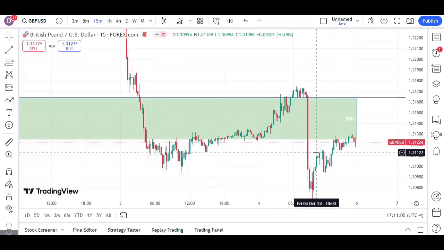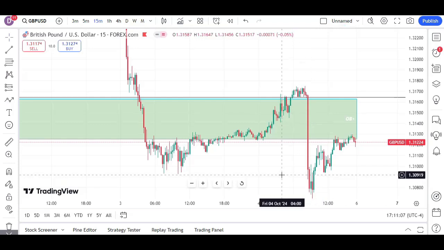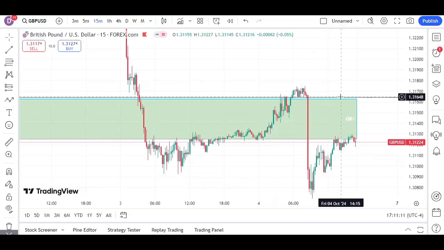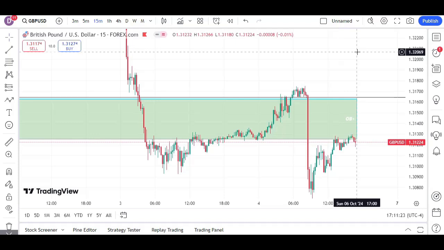In fact, I made a video saying that we're going to drop down, taking sell side liquidity first, and then we start attacking buy side. Basically, I already had a conviction that if we drop into this order block, fill it, and then start retracing back, we attack the buy side liquidity.